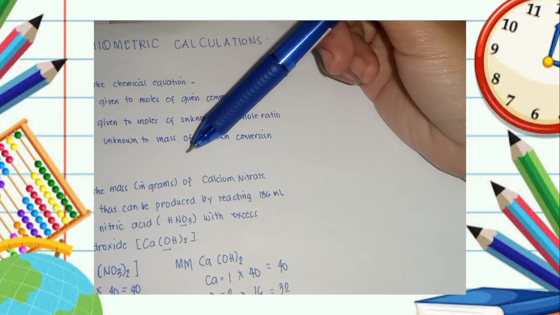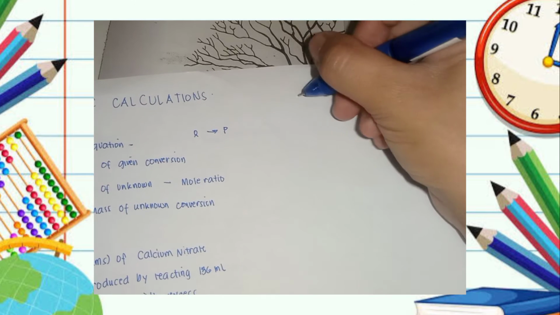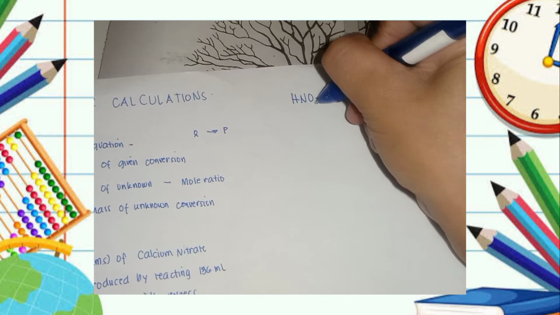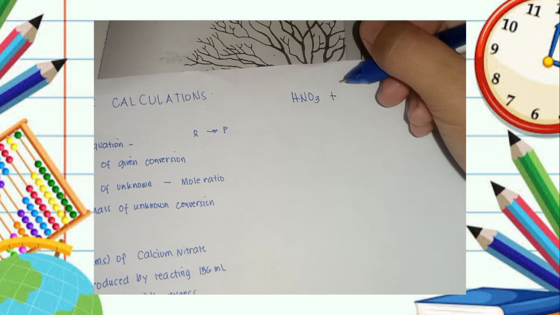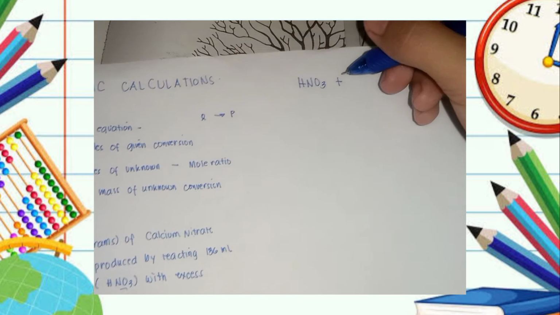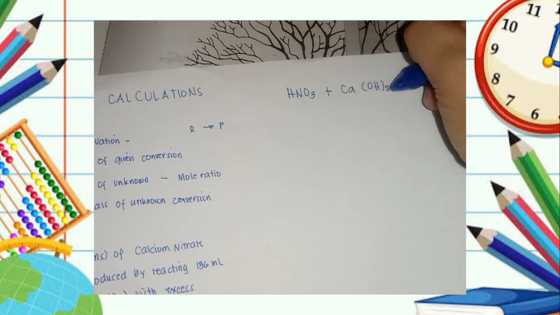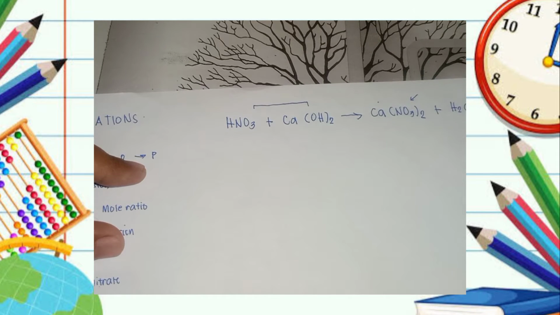From the given, we have the reaction between nitric acid, HNO3, added to calcium hydroxide, Ca(OH)2, which gives us calcium nitrate, Ca(NO3)2, and water.